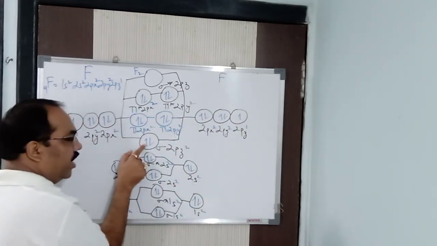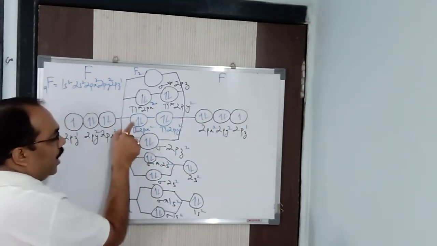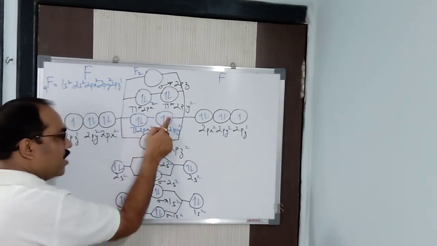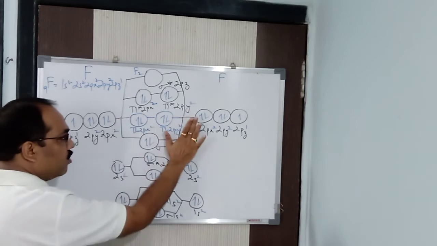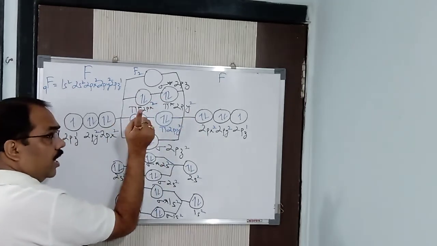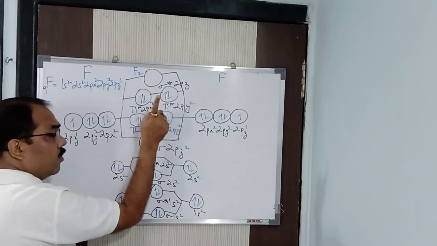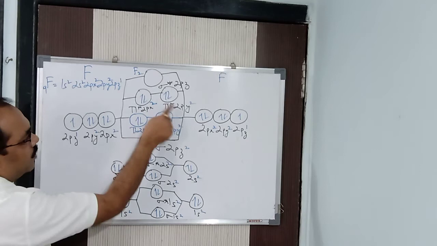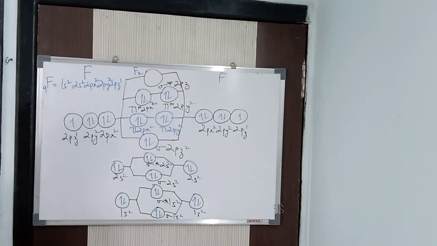First I filled this, it is 2. Then 1 here, 1 here, 3, 4, then 5, 6, this level is over. Then 7, 8, then 9, 10. It is being done in this way. Got it? So this is how we need to do the filling in the molecular orbital diagram.